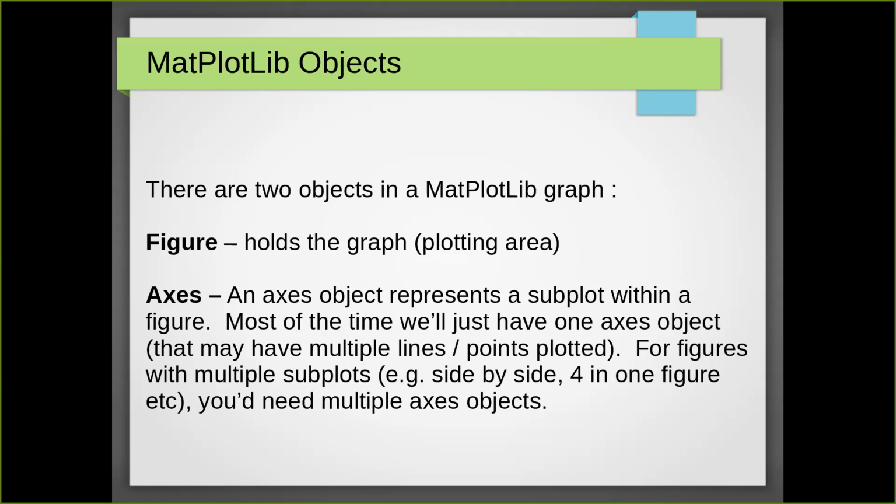You may have multiple plots on the same graph, but you normally only have one subplot. But you may have, in some situations, certainly as you start to do some more advanced modeling, lots of subplots within an overall plot. So you may have 4 different graphs, for example, either side by side, or 4 in different corners, etc. And if you did that, you'd need multiple axes objects. But just for now, we're going to focus on having a single axes object.